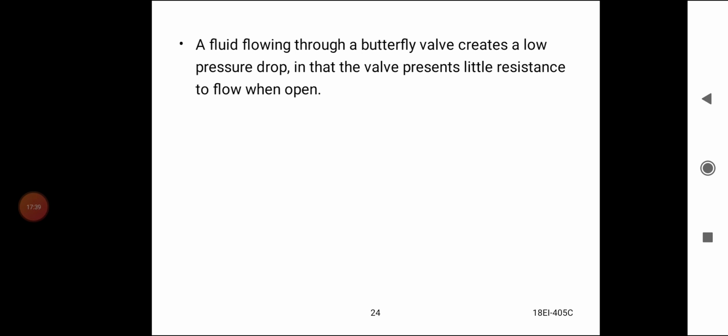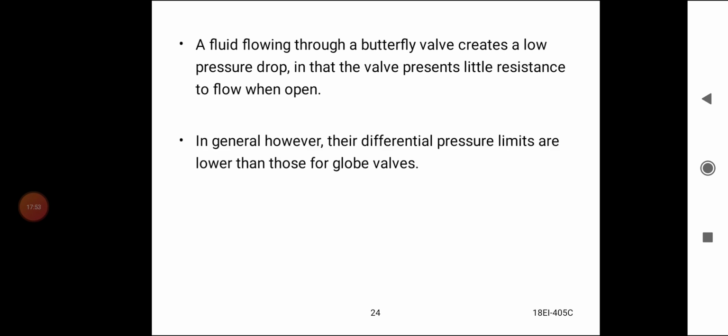A fluid flowing through a butterfly valve creates a low pressure drop, in that the valve presents little resistance to flow when open. In general, however, their differential pressure limits are lower than those for globe valves.